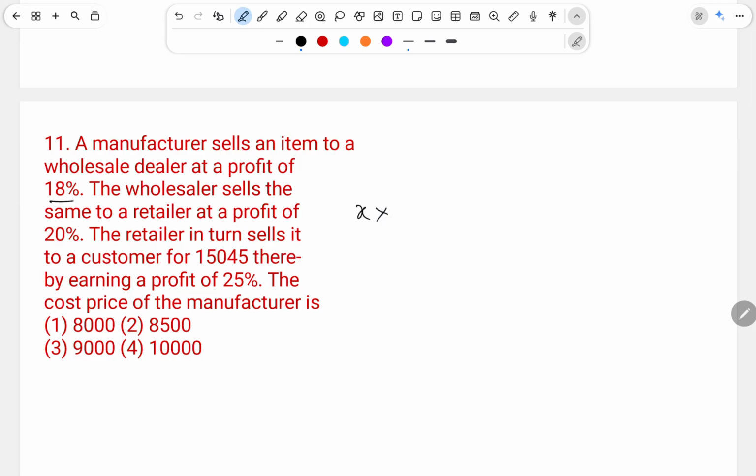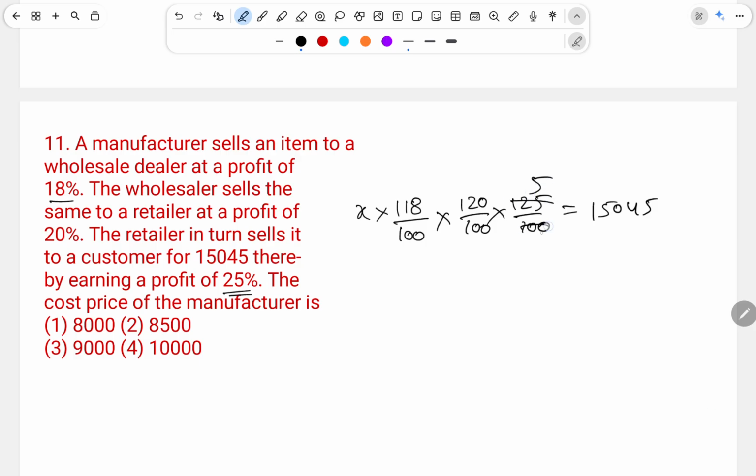First he sold at 118 by 100, 18% profit. The wholesaler sells the same to a retailer at a profit of 20%, the selling price becomes 120 by 100 into, finally the retailer sold to the customer at 25% profit, means 125 by 100. Finally the customer paid 15045. Then they are asking the x value.